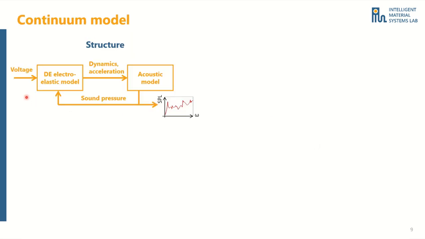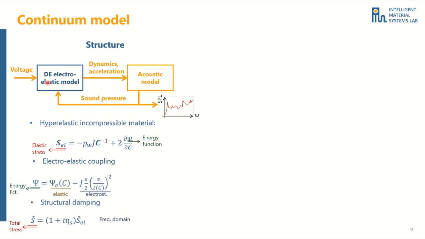This is the structure of a continuum model for the DE loudspeaker. The DE dynamics enter the acoustic model through the membrane's acceleration. The acoustic model computes the sound pressure distribution. Very important is this coupling contribution, that is the effect of the air pressure generated by the membrane movement on the dynamics of the membrane itself.